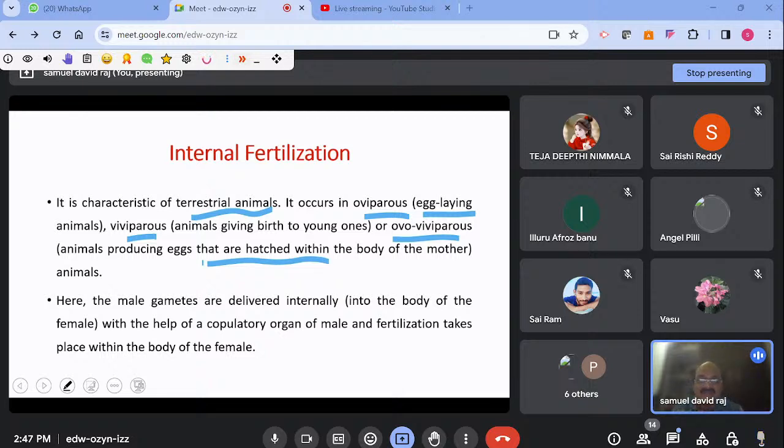They produce the eggs, but those eggs are hatched within the mother and babies are delivered outside. These types of organisms exhibit internal fertilization, where the male gametes are delivered internally into the body of the female. And here, the introduction of sperms requires a male copulatory organ.